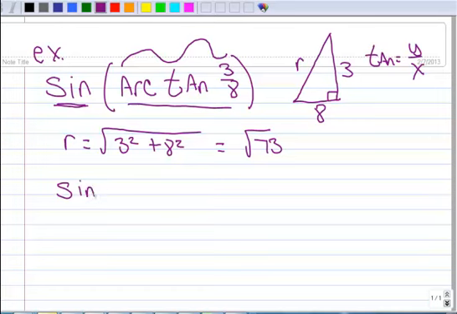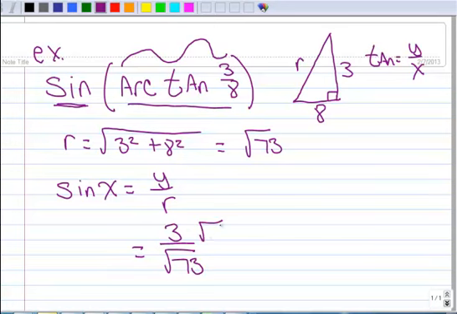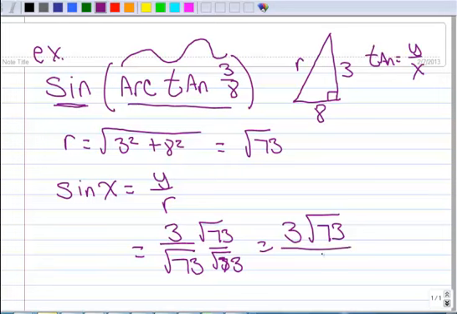So I know the sine is going to be y over r, and I know y is 3, and I know r now is square root of 73, and when we rationalize that out, we get 3 times the square root of 73 all over 73.